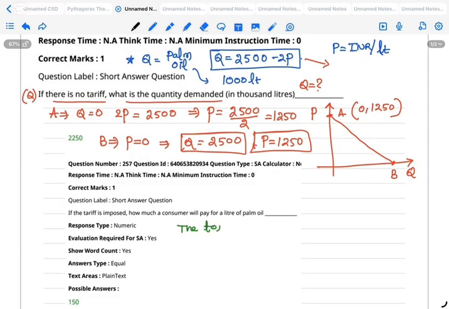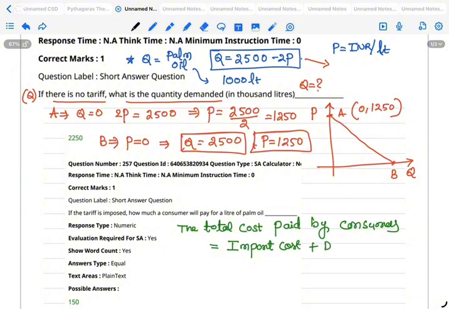The total cost paid by consumers equals import cost plus distribution cost. The import cost is 100 rupees plus the distribution cost of 25, that is 125 rupees.